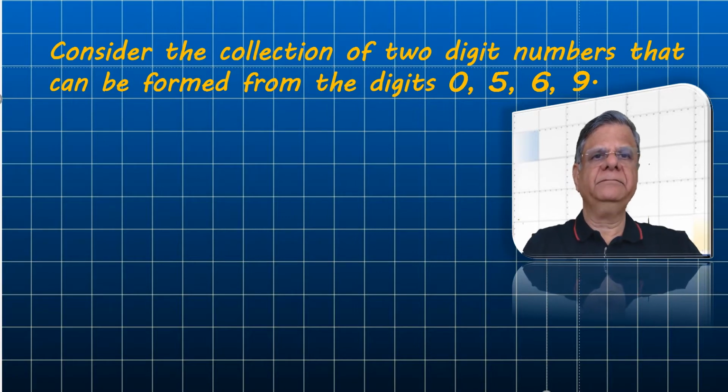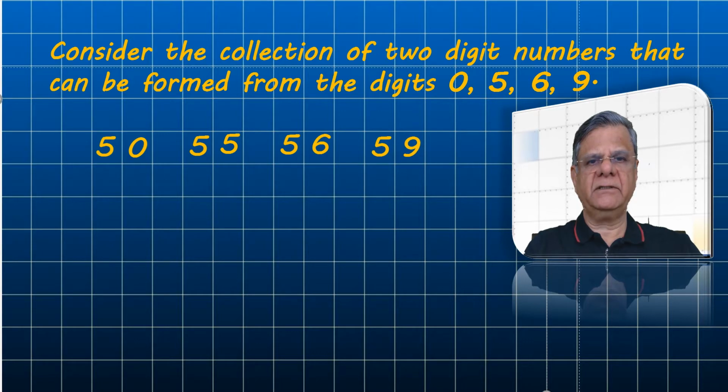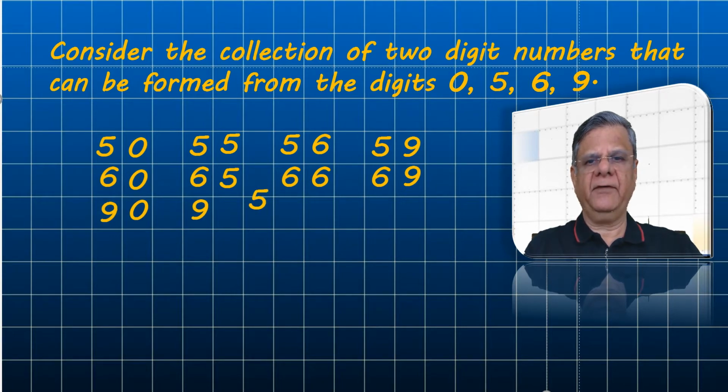Consider one more example. Consider the collection of two-digit numbers that can be formed from digits 0, 5, 6, and 9. We can form 12 different numbers using digits 0, 5, 6, and 9: 50, 55, 56, 59, 60, 65, 66, 69, 90, 95, 96, and 99.